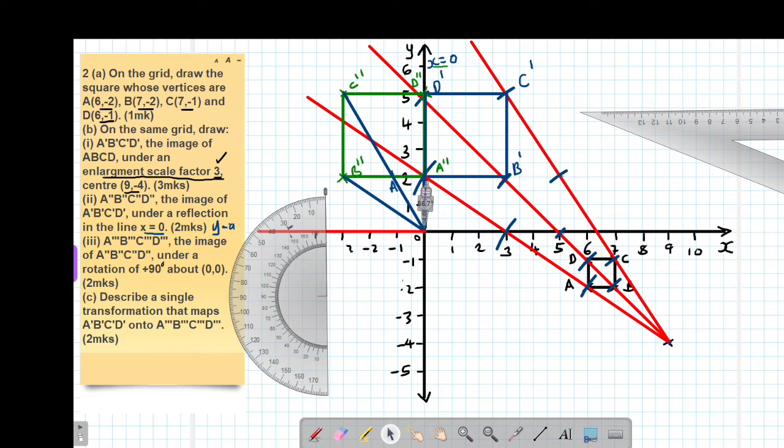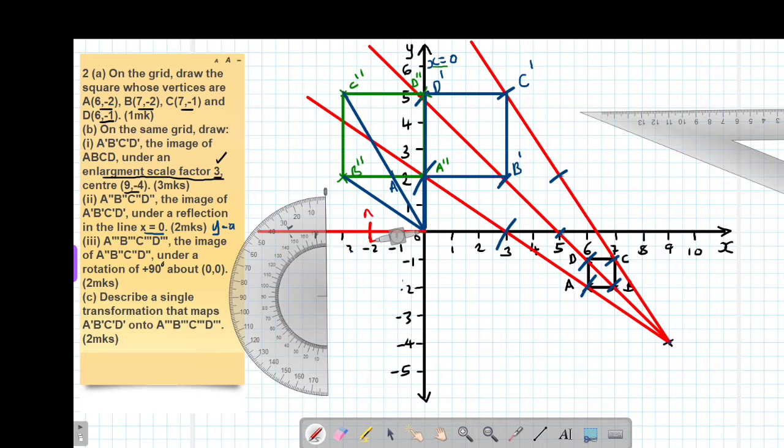So we need to ensure that this distance is the same. Once we have that, you simply rotate. The point will actually be here. So this will be the new point. It will come at this point. So this will give us what we are calling A prime prime.